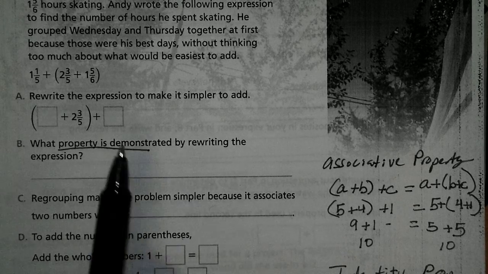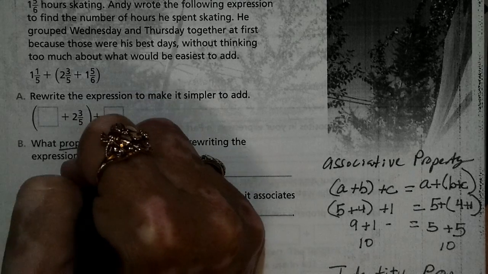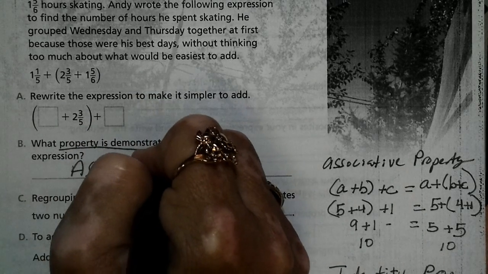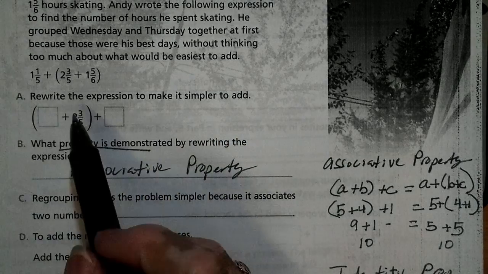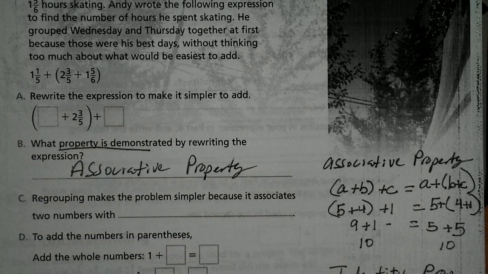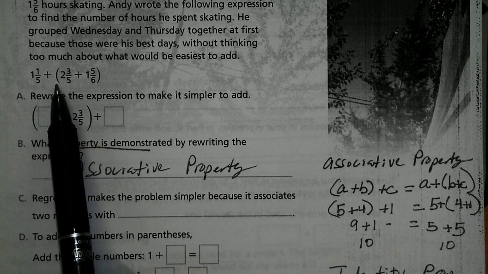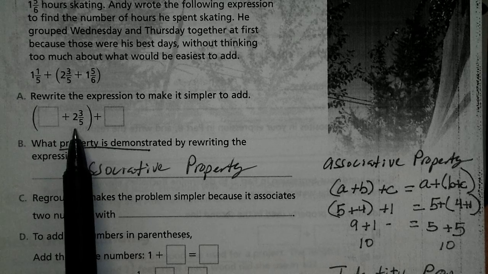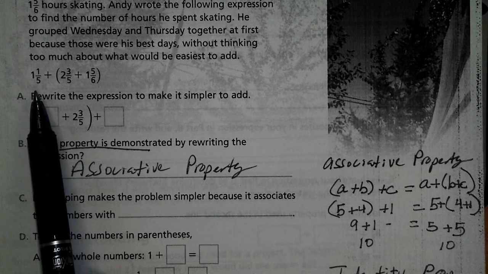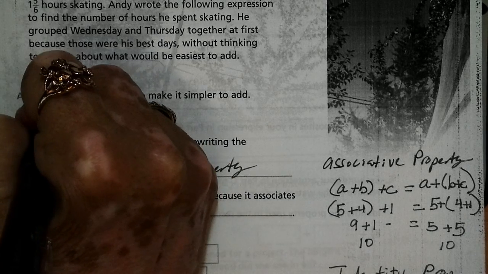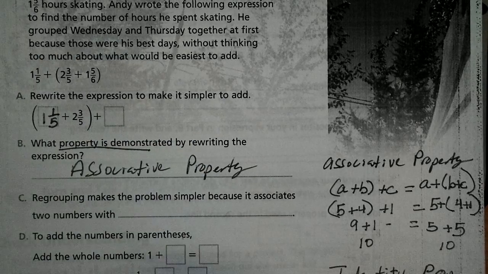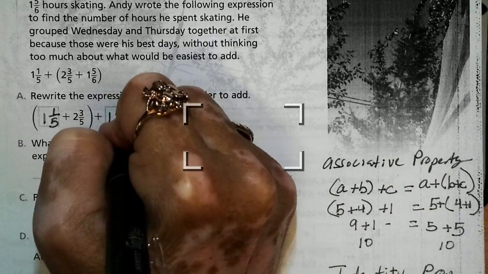Alright. So it is the associative property. Alright. And so here I would move my numbers that have the same denominator. So 1 1/5 and 2 3/5. So that's what I would move together. And then over here would be the 1 5/6.